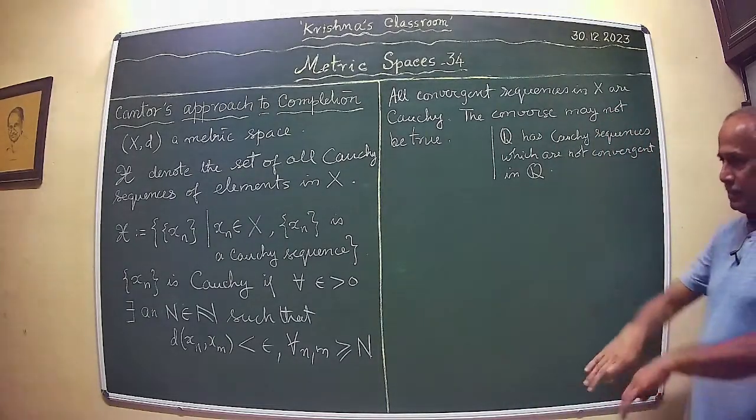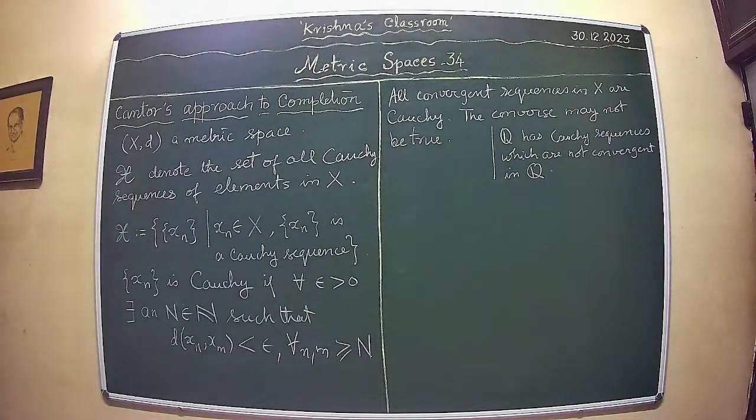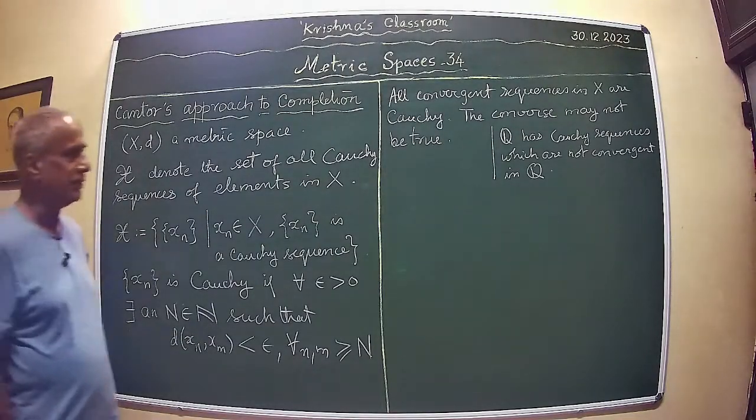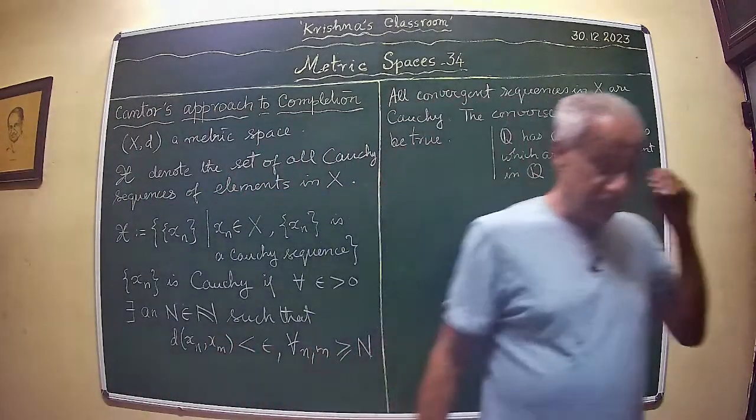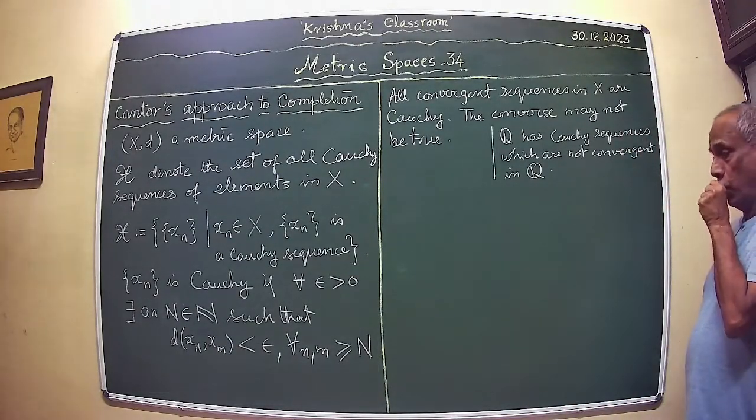In fact we have constructed R from Q when we have elaborately gone through the process, or at least reviewed the process very quickly to get a feeling of how these things come.